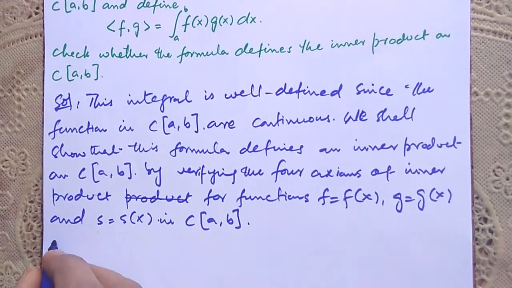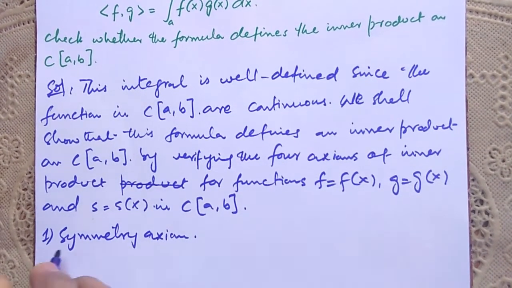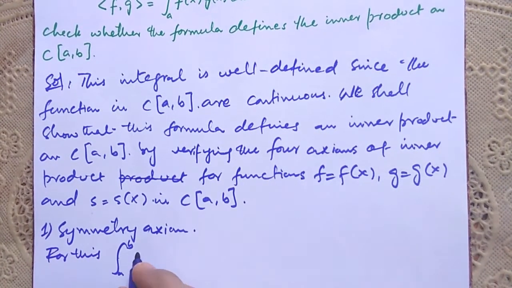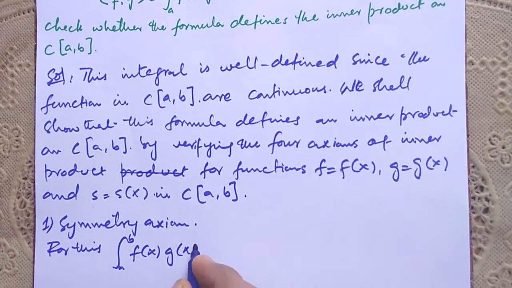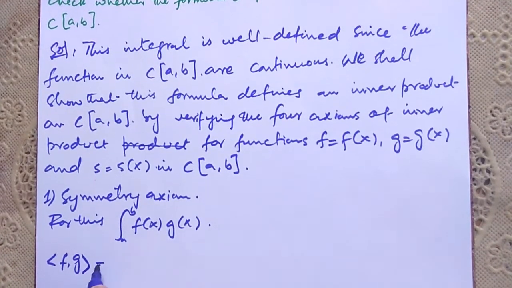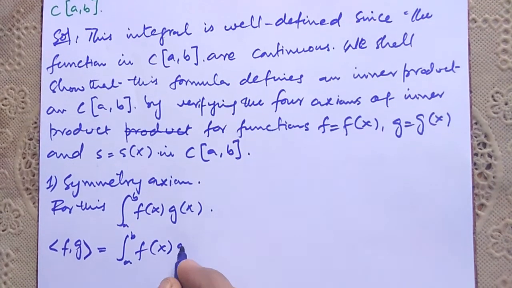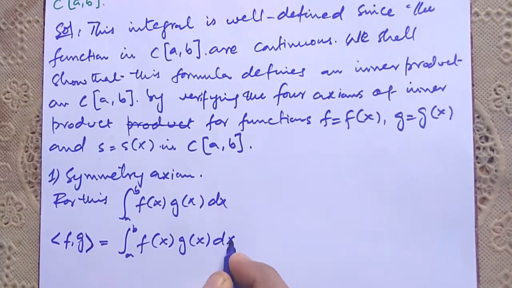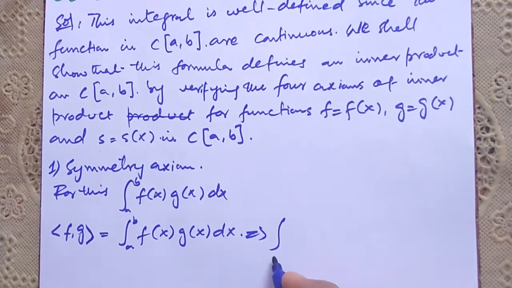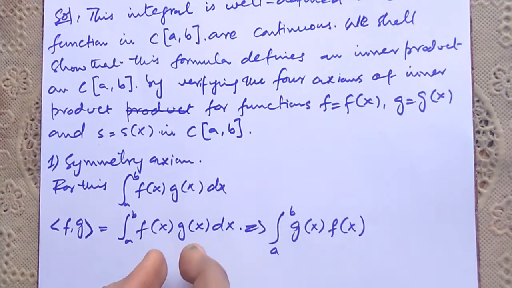So let me check. First axiom is the symmetry axiom. So for this integral from a to b f of x g of x, you know how the product is defined in the form of this integral. So integral from a to b f of x g of x dx, or because functions are continuous, you can write integral from a to b g of x times f of x, meaning the commutative property holds.